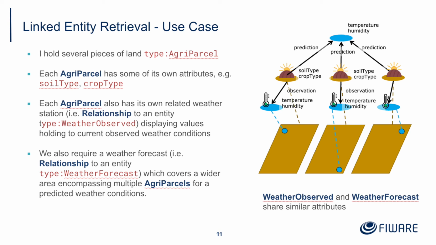And because both of them are able to get hold of something like temperature, you don't need to have different attributes called observed temperature and forecasted temperature. You can use the attribute names which you would expect. So this helps with the ontology. So we can get hold of a piece of land, its current state from its device, and its expected state from a weather forecast, in one go.